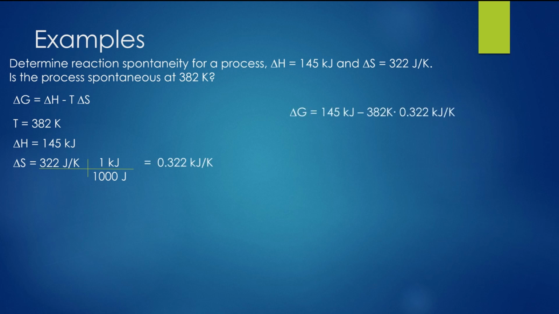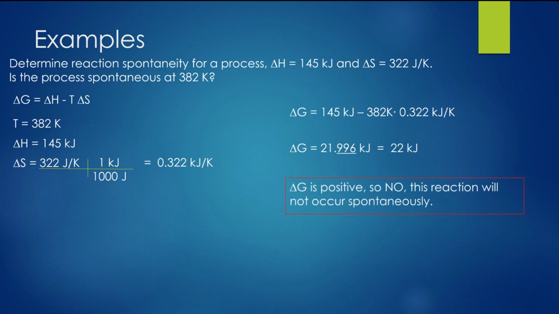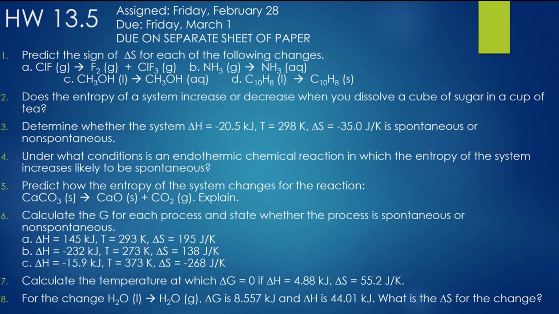All right, now we can plug in our variables to get our delta G. And we find a delta G that is positive. So no, this reaction will not occur spontaneously. And now it's your turn for a little bit of practice.